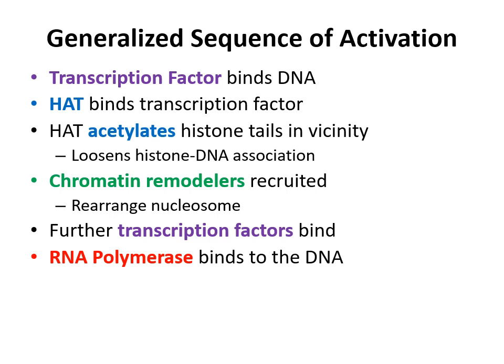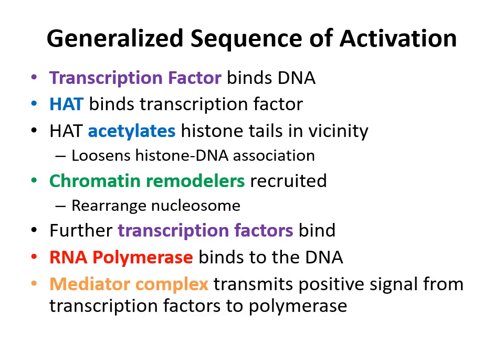But now keep in mind, we also mentioned that you need the mediator complex to help bring everything together, keep all of these factors and polymerase in close proximity, and to transmit the positive signal from those activating transcription factors to the polymerase to get things started.